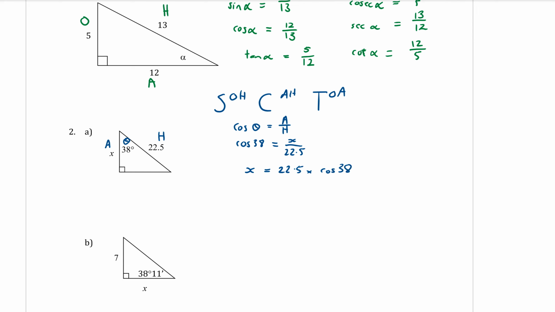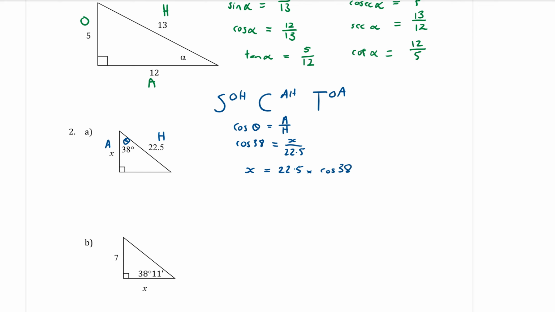Let's try B. My theta is the 38 degrees 11 minutes. The 7 is the opposite, and the x is the adjacent. So that means I need to use tan. Opposite and adjacent is tan. So write the formula down. Tan theta equals opposite over adjacent.